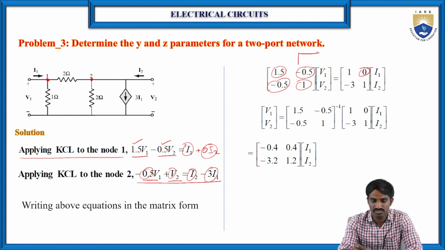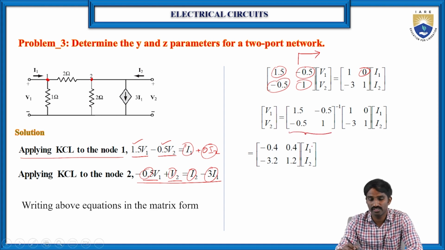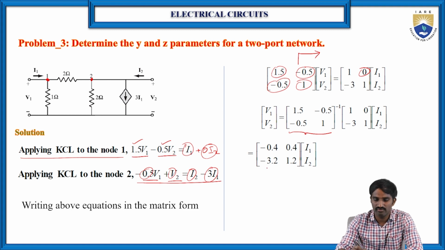Because we need to write V1, V2, we send this matrix to the other side, and it becomes an inverse. Of course, you already know how to find the inverse of a matrix, so I have directly written the equation. This is the inverse of the matrix, which is Z into I1, I2.